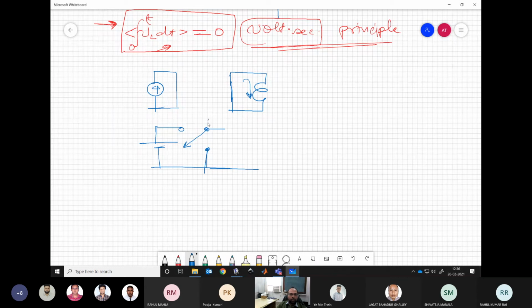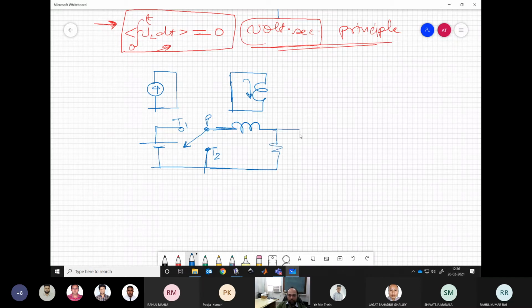At the pole, we connect this inductor. So the pole is never disconnected. It's always connected to either T1 or T2. That way we maintain the current in the inductor, and on this side we have the load.